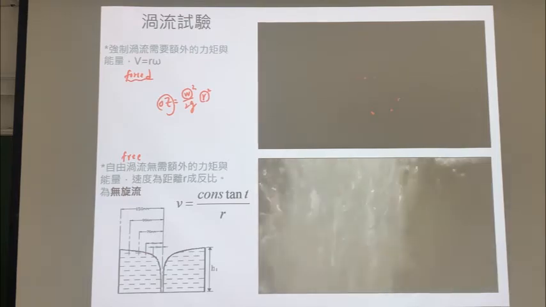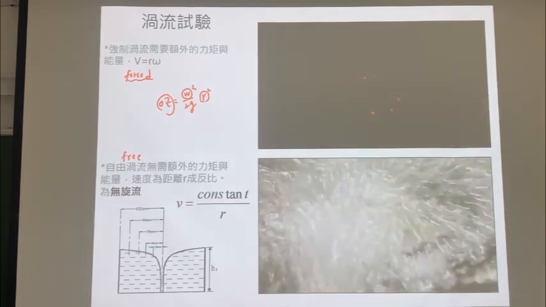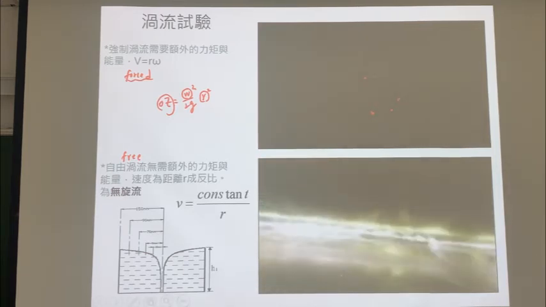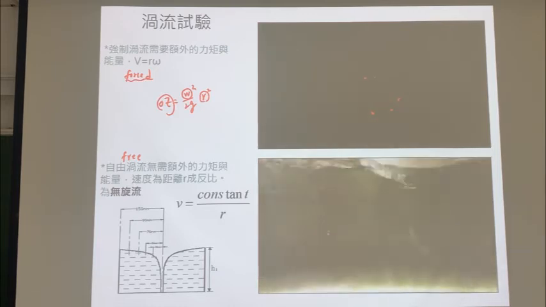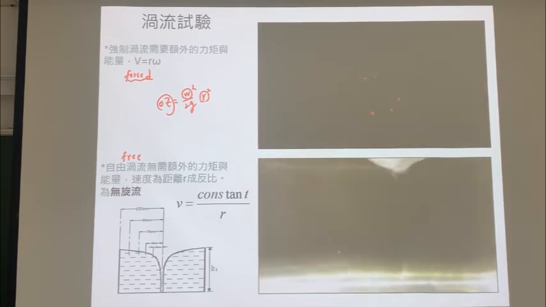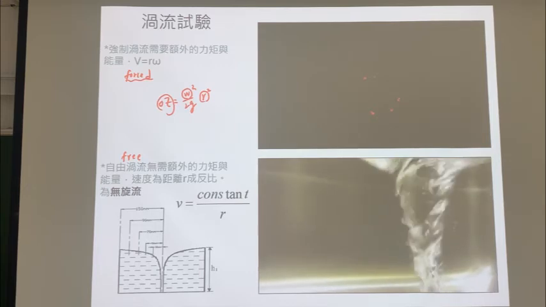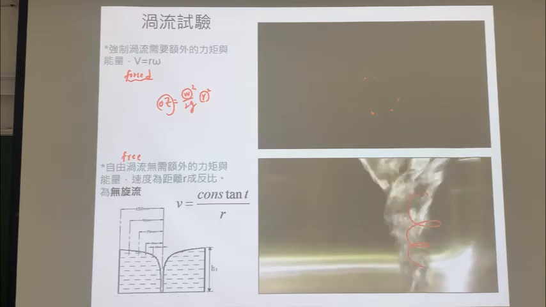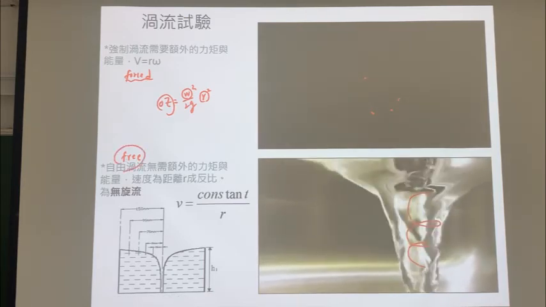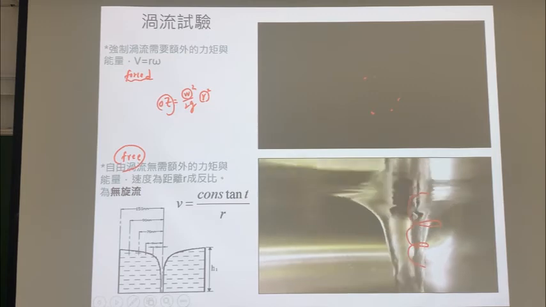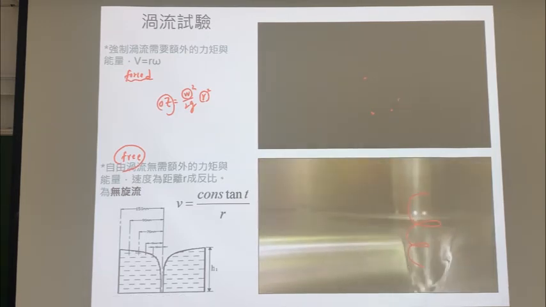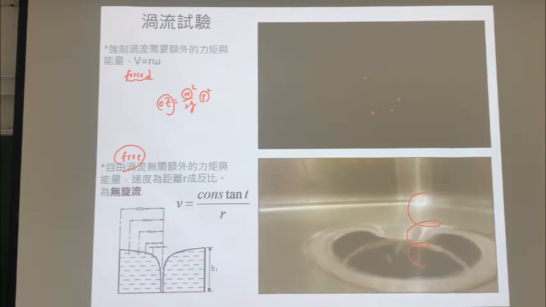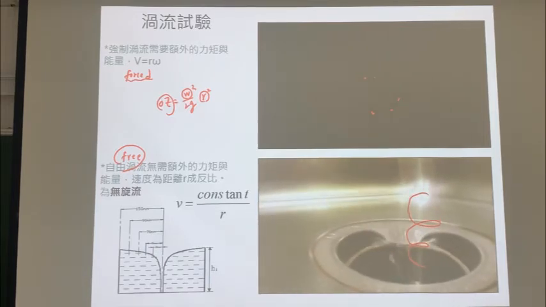So first we fill the water in the tank, and then we remove the plug, and the water is trying to flow out, flow into the hole, and then you see there is some vortex, right? So in that way, we call this free, because there is no external angular speed. We just open the hole, and the water tries to flow into the hole.